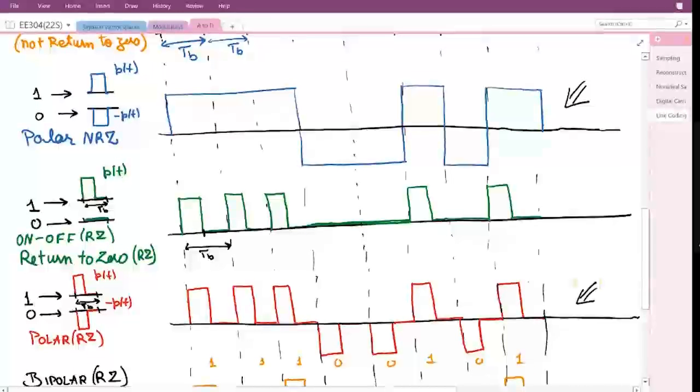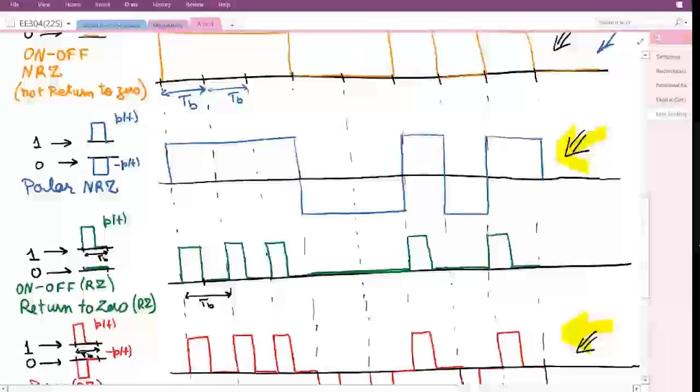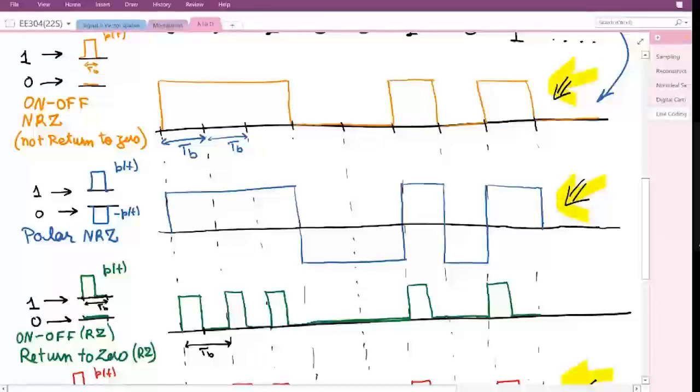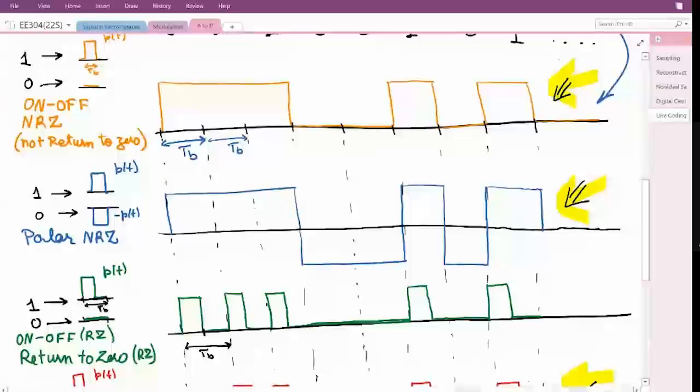So if I see this, and the above one, in the above two, in the case of NRZ, what do we see? How many levels is it taking? It takes only 2 levels.